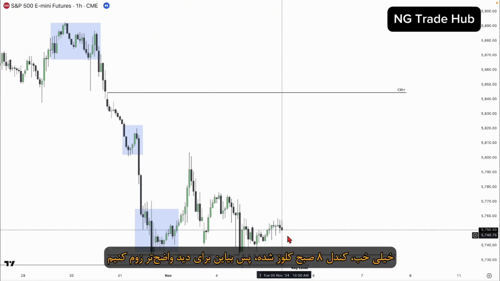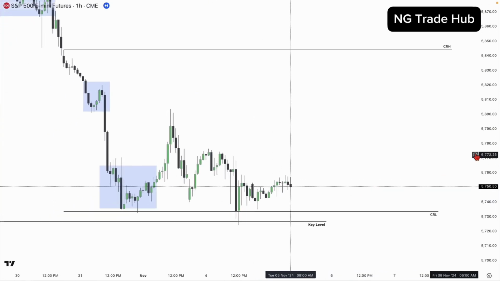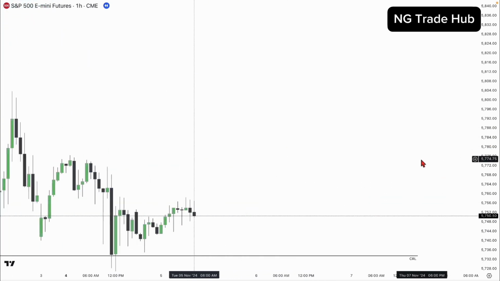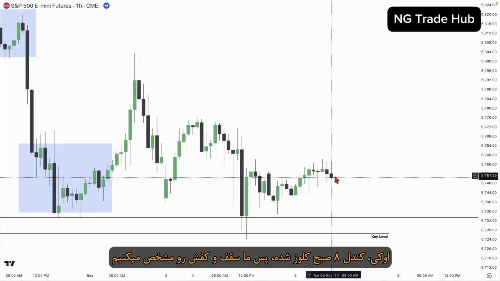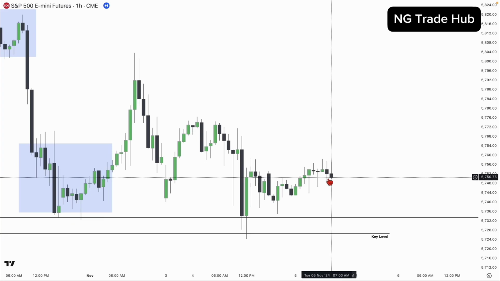Alright, the 8 a.m. candle has closed, so let's zoom in for a clear view. Okay, the 8 a.m. candle has closed, so we mark its high and low. As you notice, the 8 a.m. candle is an inside bar, so we will mark the high and low of the previous candle as the CRT range.